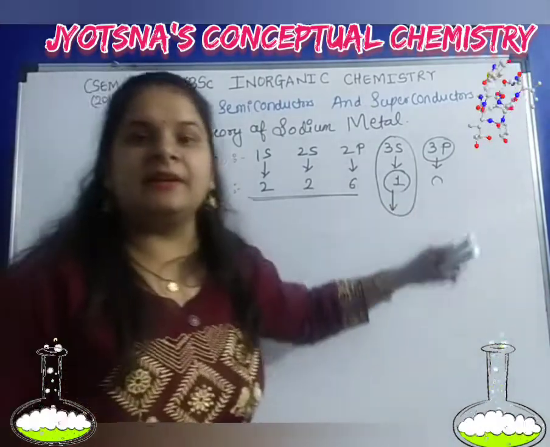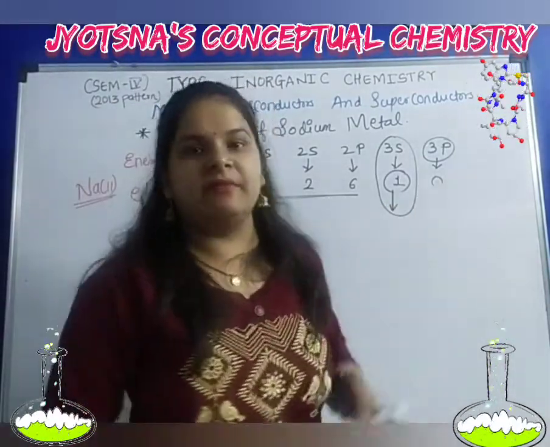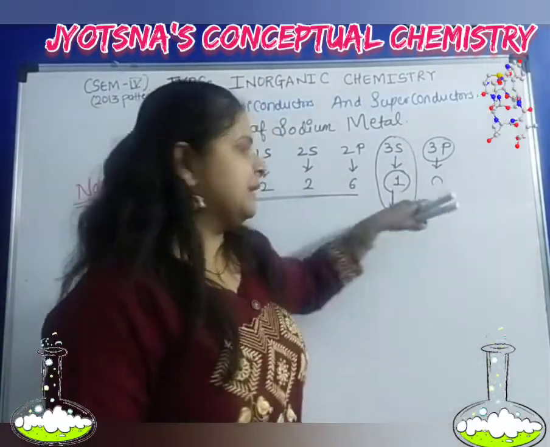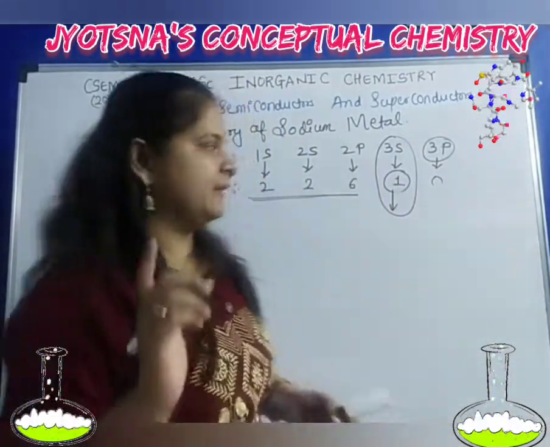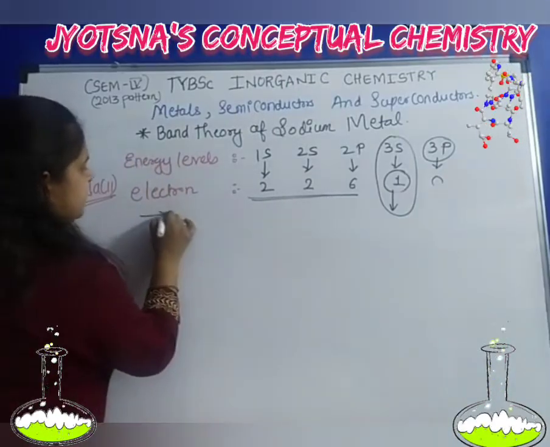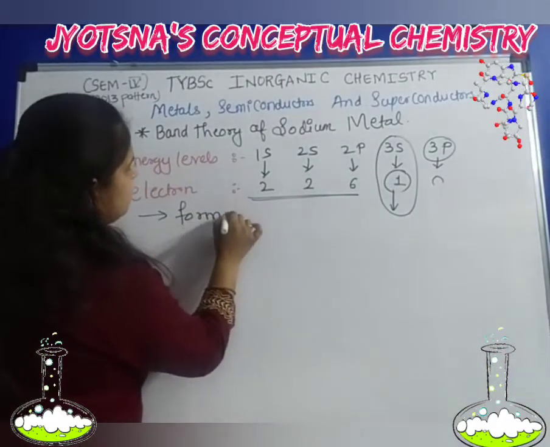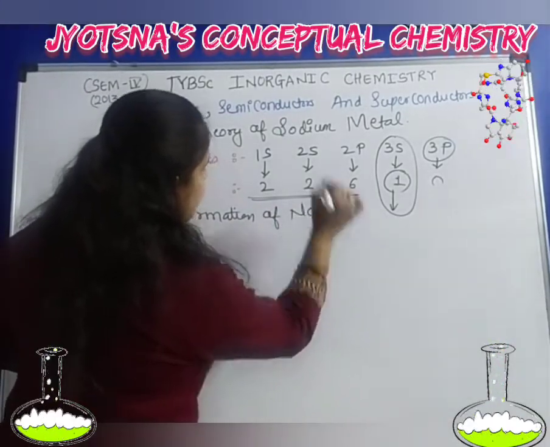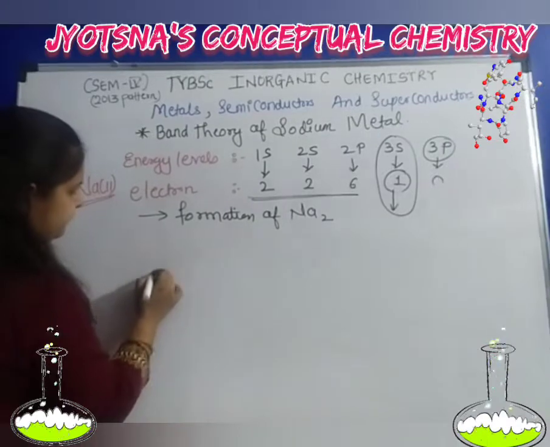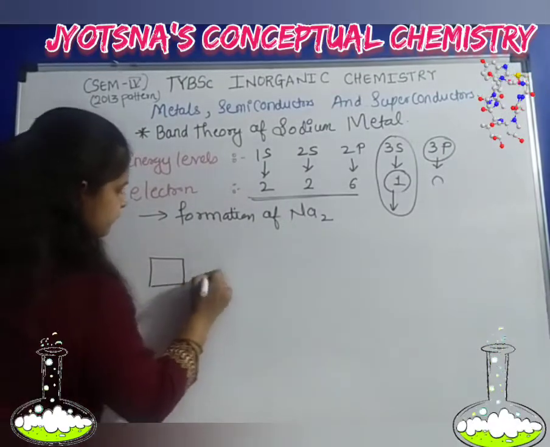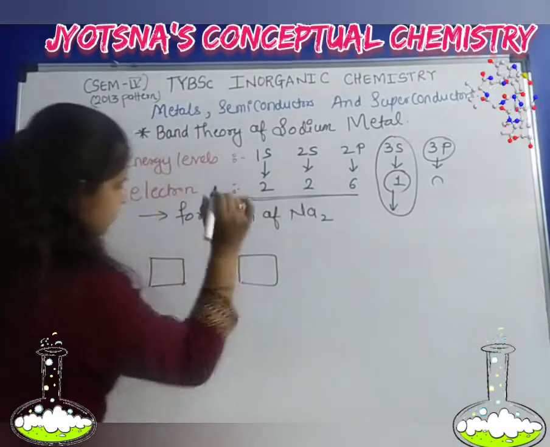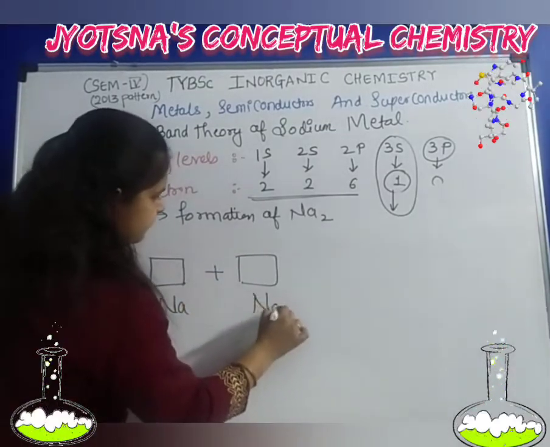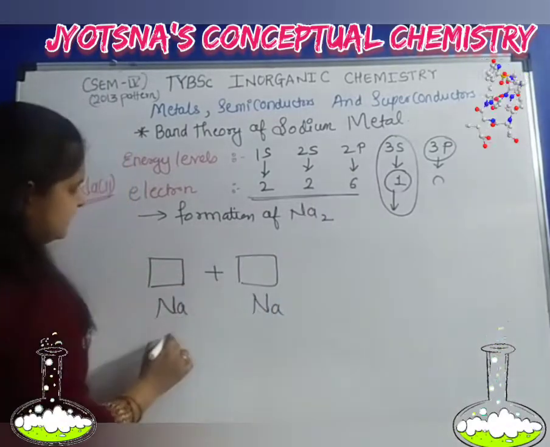We will consider only the outermost shell, which has only one electron. We will consider only the 3s orbital of sodium.